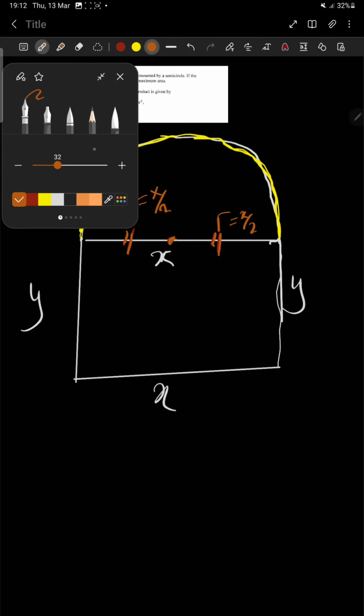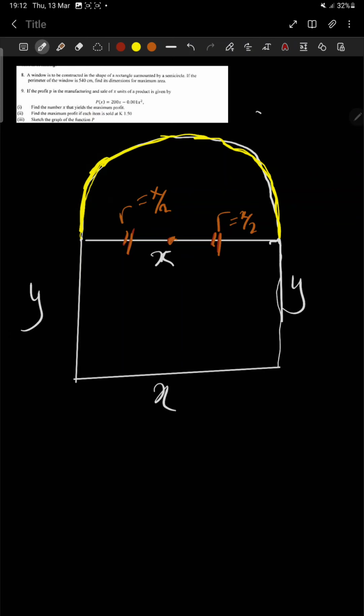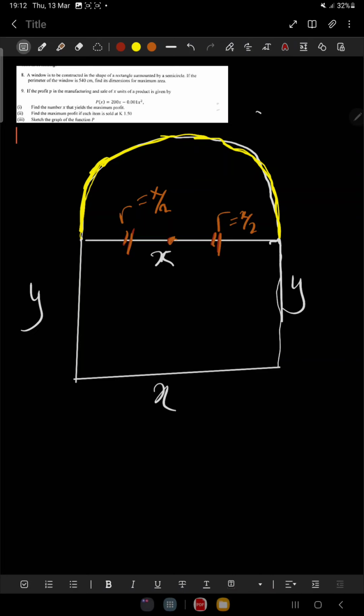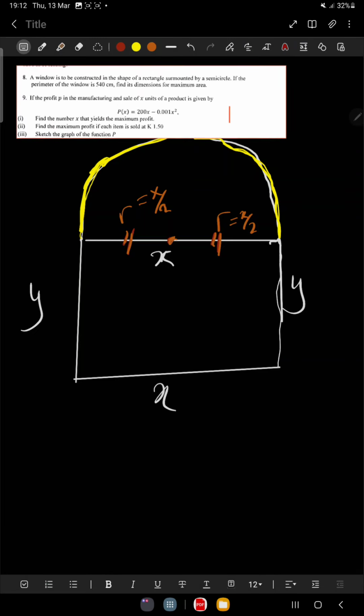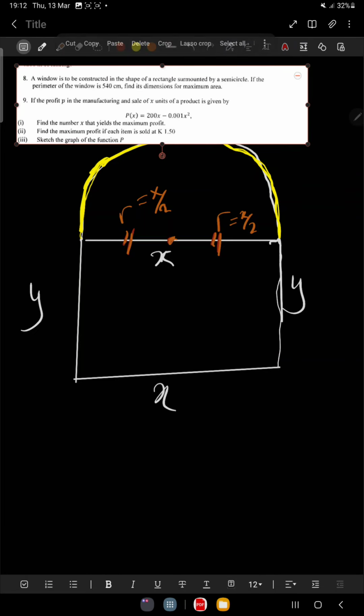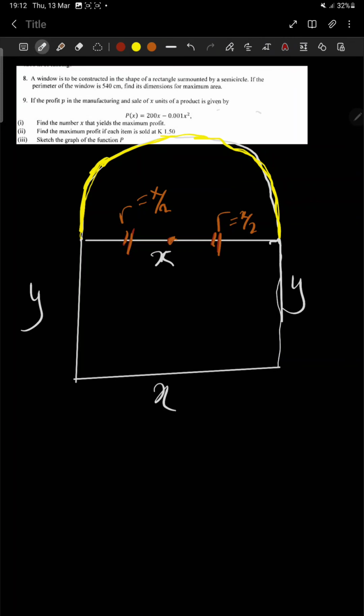So getting back to our question, the first thing we're going to find is the perimeter of this, nothing else. Okay, so let's find the perimeter.